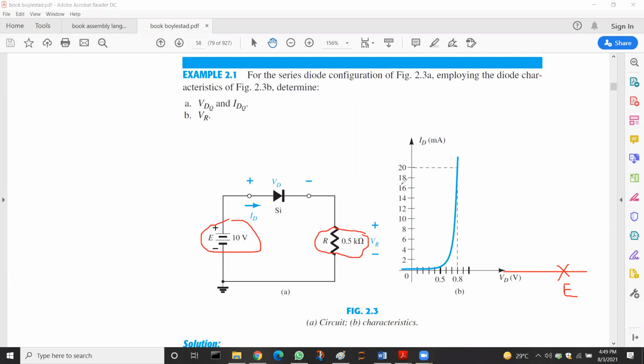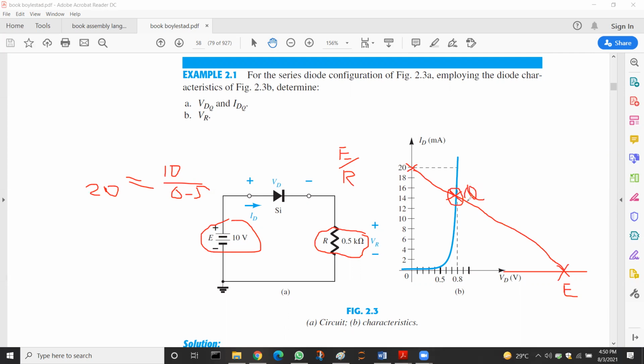When we divide E by R, as you can see from here, 10 divided by 0.5 gives us 20. So the next point on the line is 20. We join these 2 points together and we get a Q point.